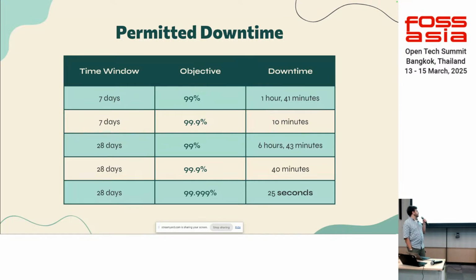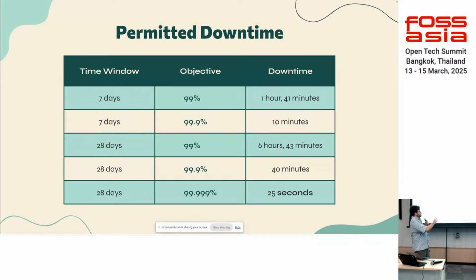So this table lists out, if your service is operating great, 100% all the time, but then you have hard downtime, 0% success for a certain period of time. How long can your system be down and you still hit your objective? Well, over a month, if you're trying to deliver quote unquote 5 nines of reliability, you've got 25 seconds of downtime available to you. So you need to have some really sophisticated automated recovery built into your system if you're going to try to deliver that level of quality.